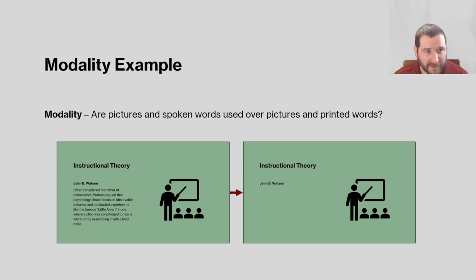So if you're going to stick to one principle on this whole list, I would say this is the one. Get rid of that extra text, use your voice instead, use that spoken word, so that students can look at the picture but still hear what you're saying. I think they'll learn a whole lot more if we follow this modality principle.